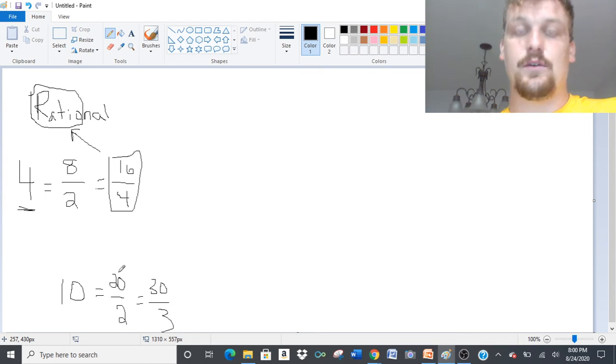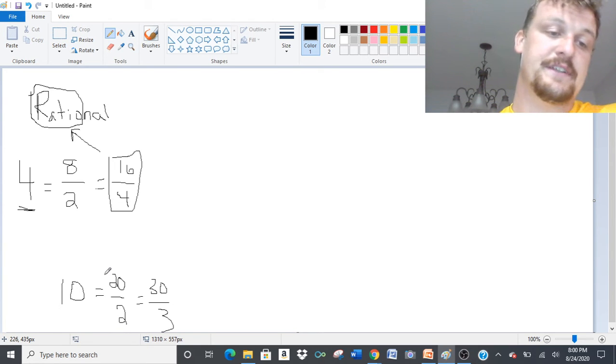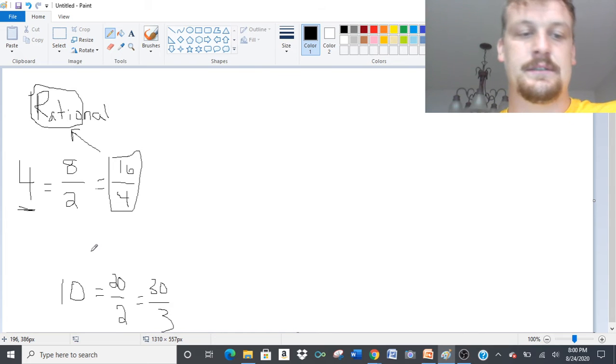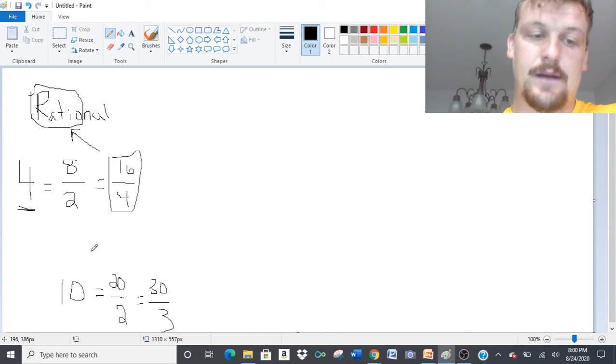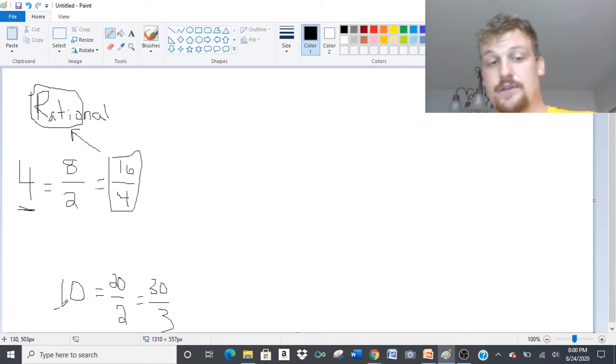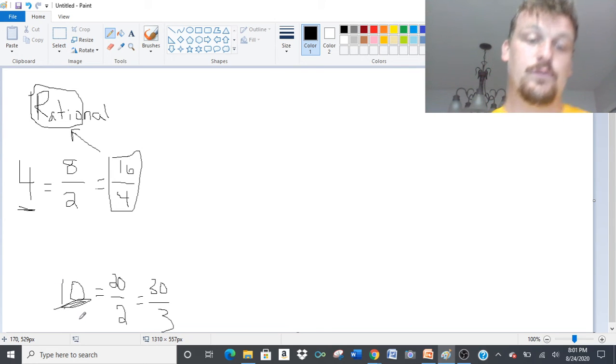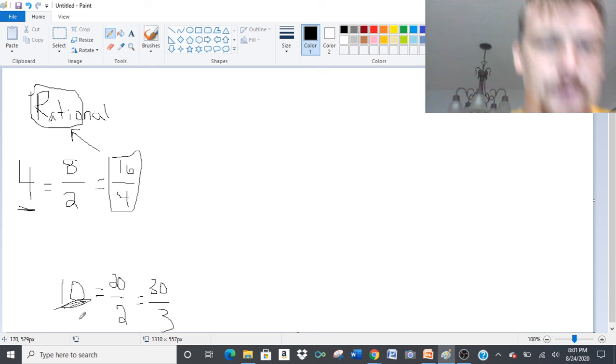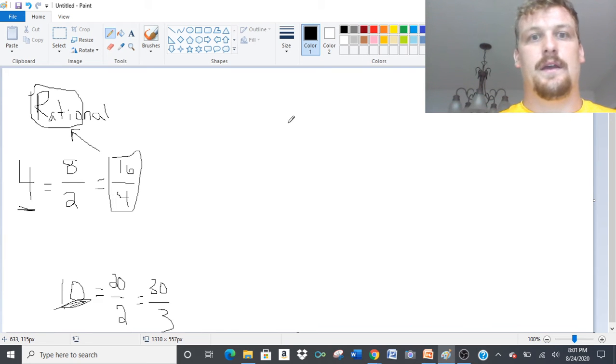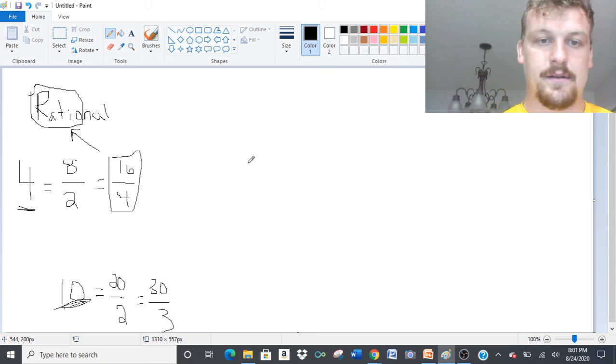The main thing to remember here is that a division problem is a fraction. As long as a division problem equals the number you are trying to figure out, which in this case is 10, it is a rational number.